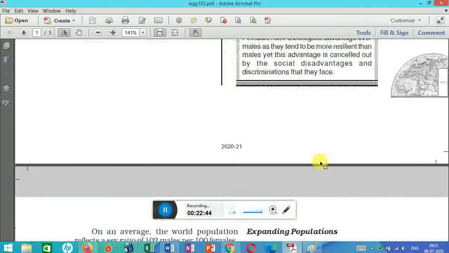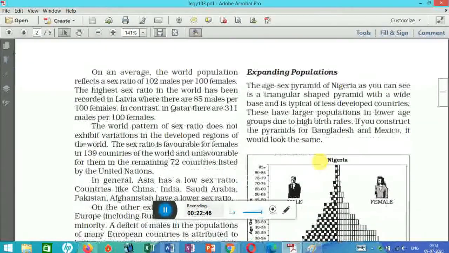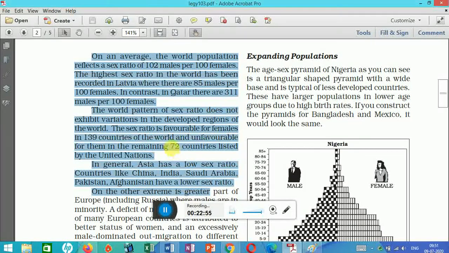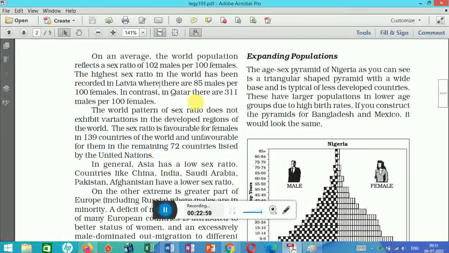So next we have the spatial distribution of sex ratio in the world. See here, these paragraphs tell the distribution of sex ratio across the world. Let us read. On an average, the world population reflects a sex ratio of 102 males per 100 females.